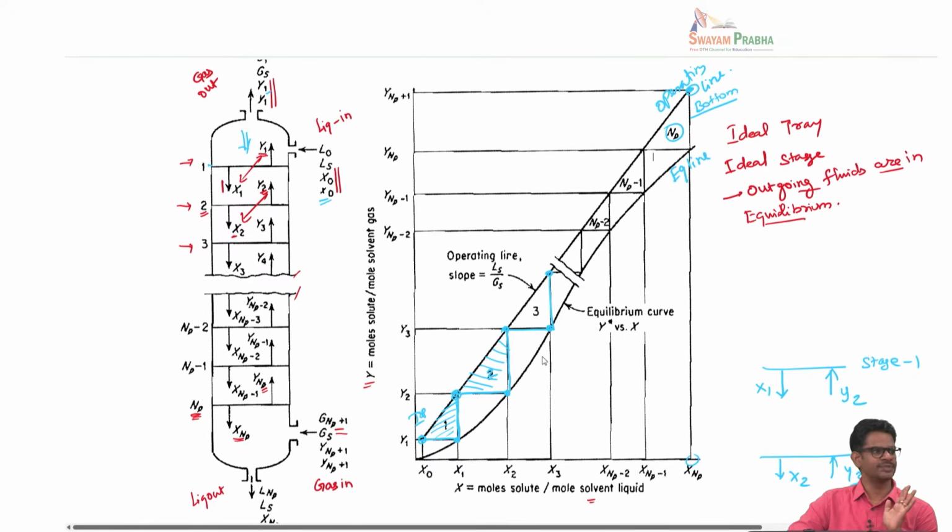Here we assume 100% efficiency, but in reality that is not the case. The efficiency can be 50%, 60% or 80%, whatever it is. So there is an independent calculation about tray efficiency. Once I know the tray efficiency and the ideal number of stages, I can calculate the actual number of stages. So that comes later.